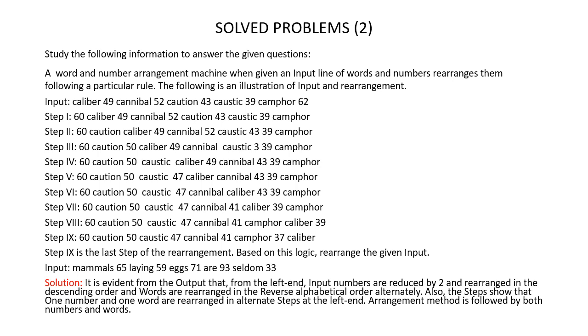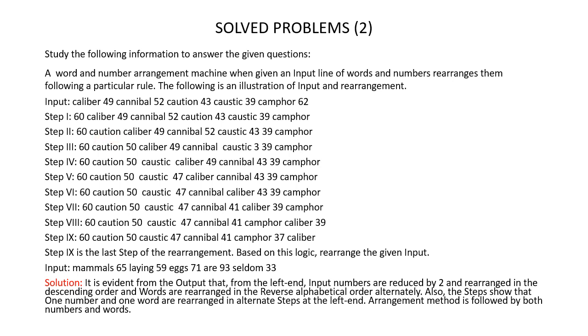Now, when you observe these steps, it's clear that one number and one word are rearranged in alternate steps at the left end. That is, in the first step, a number is rearranged. In the second step, a word is rearranged.